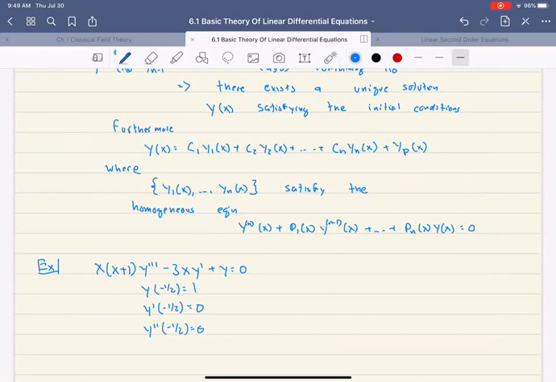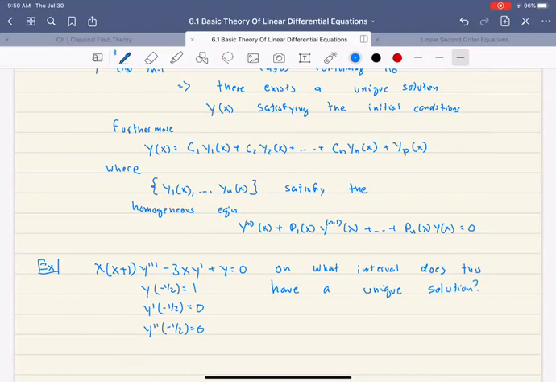We're not asked to solve this right now, but we're asked to find where does this have a unique solution? On what interval?